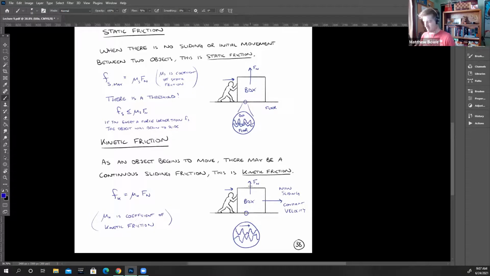That's why it's good for train wheels. Since it's steel on steel, there's very little friction between the two materials. So it takes a long time for it to get started because there's little friction, and it also takes a long time for it to stop. Let's go to the next page.